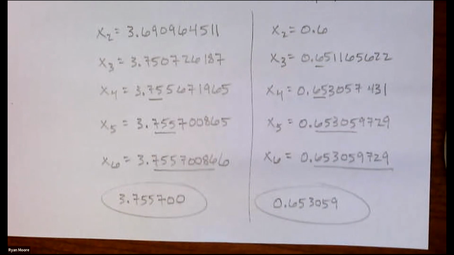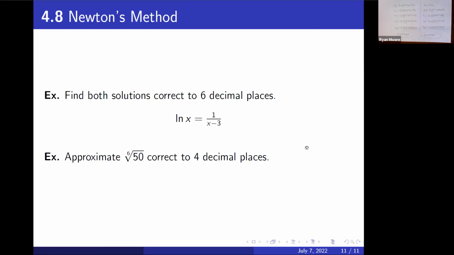Okay. We've got one more example. Let's take a look at it. This is a cool one. Approximate the 6th root of 50 correct to 4 decimal places. What?